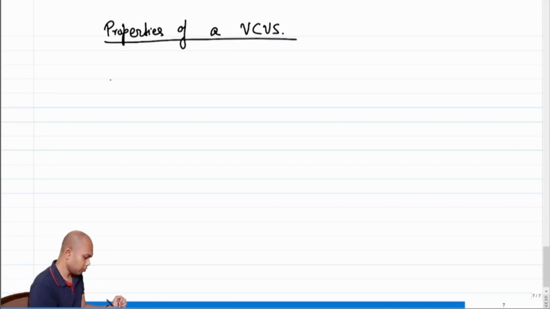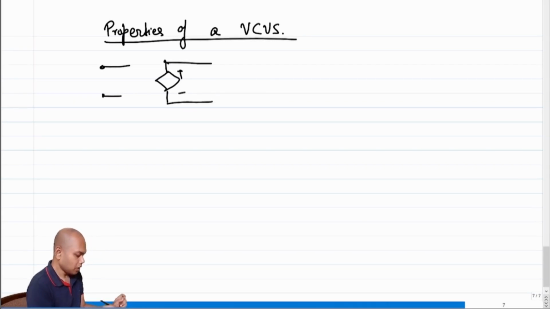It is a contraption whose output voltage depends on the voltage across two other terminals. So let's say I call these terminals 1 and 1 prime. So this is V1 1 prime. The output is alpha times V1 1 prime.